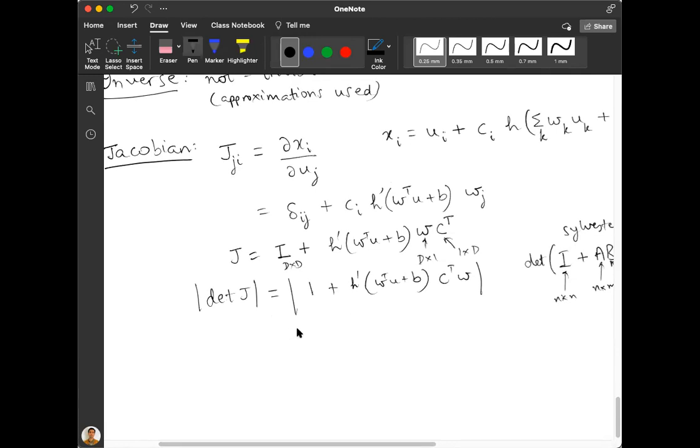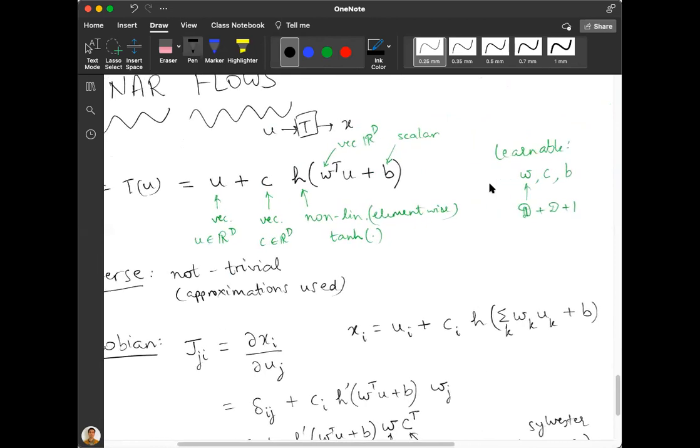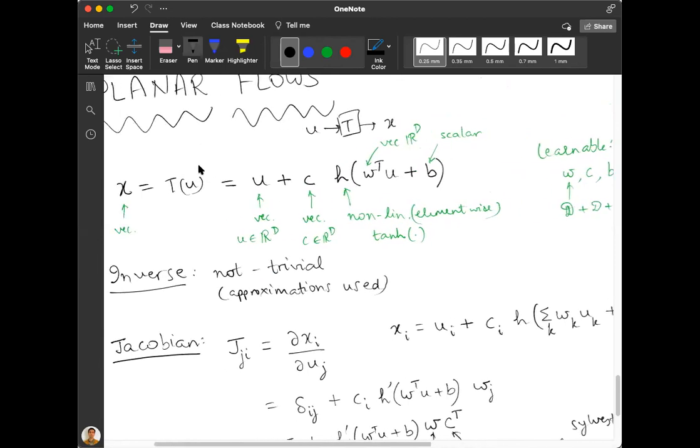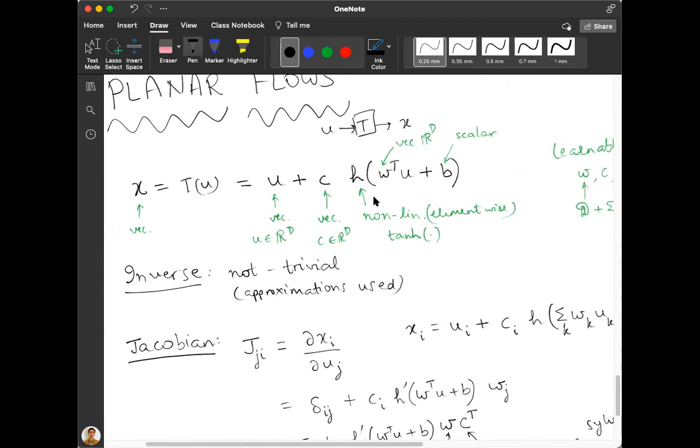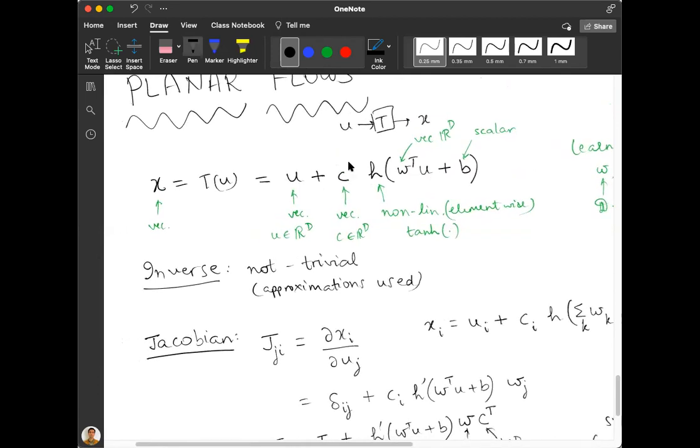That's it. Okay, now here, one thing we discussed: this function is not always invertible, but it is invertible when it is monotonic. Monotonic means it's either always increasing or always decreasing, which means its slope is either always increasing or always decreasing.